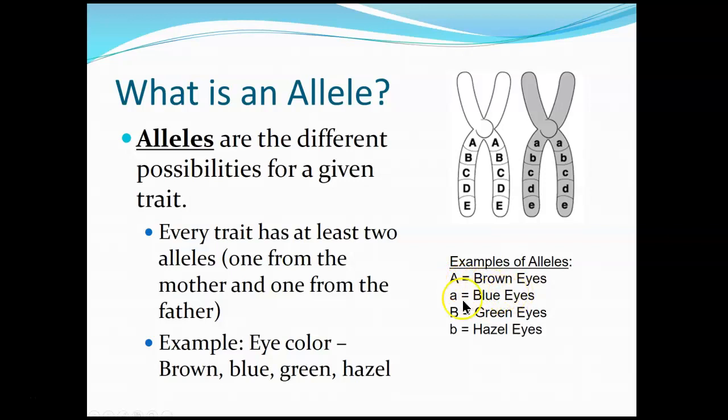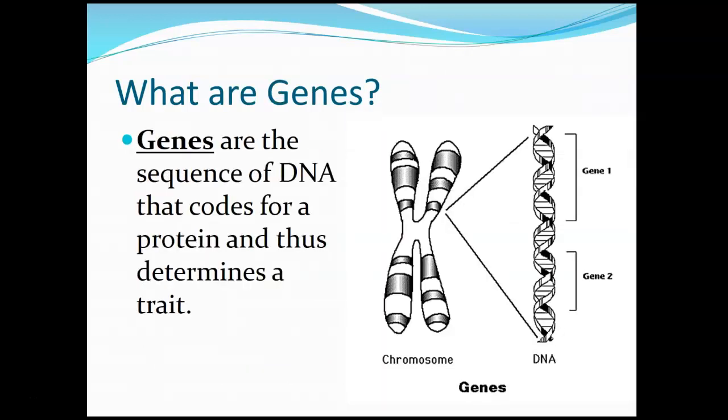Capital A would be brown eyes, small a would be blue eyes, capital B would be green eyes, lowercase b would be hazel eyes. Every trait has at least two alleles, so you get one from your mother and one from your father, and eye color is an example of that. Genes are sequences of DNA that basically determine traits in us.